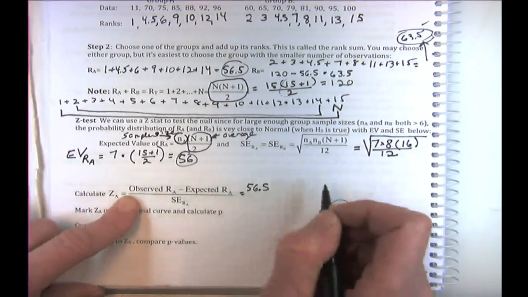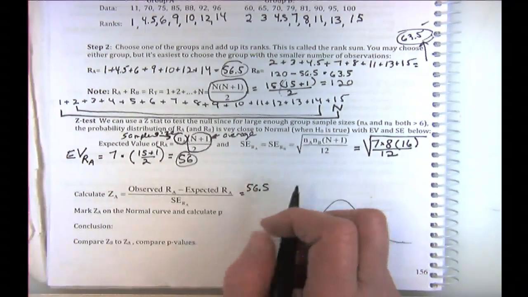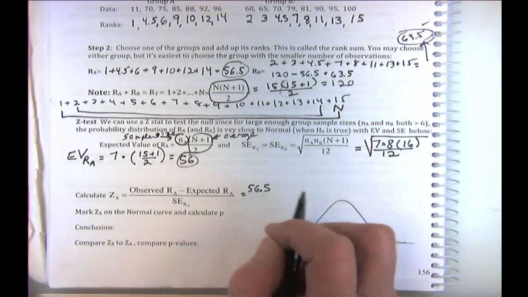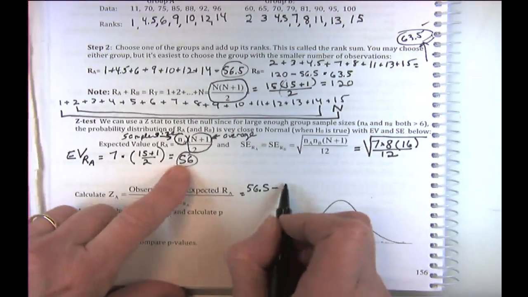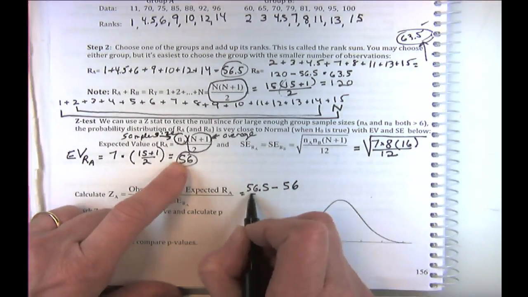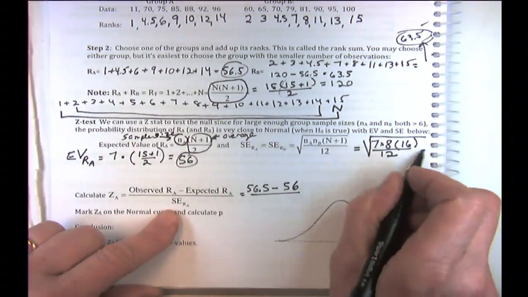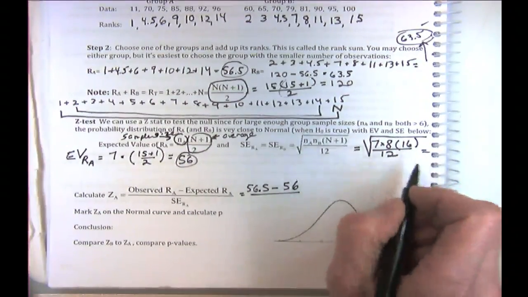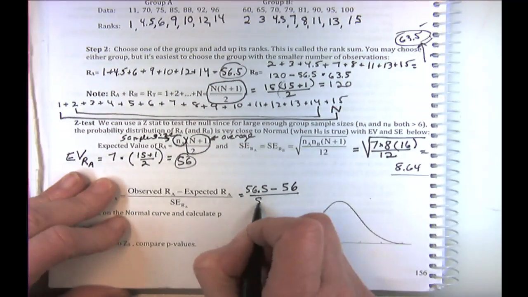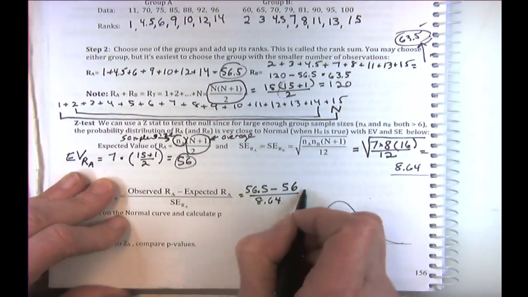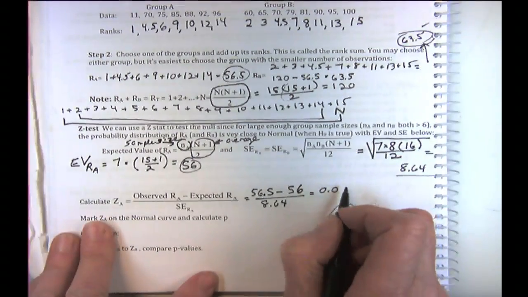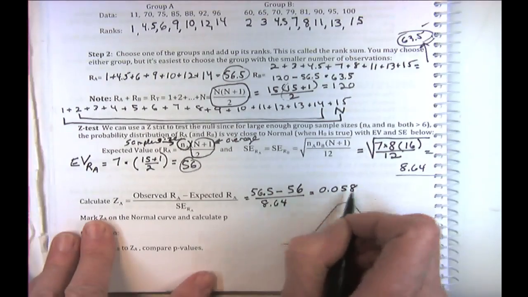If there's no reason anybody should do better on one exam than the other, then we would expect a rank sum of 56 for group A, over a standard error of, whoops, I didn't tell you what that was, 8.64. That's our standard error. And that turns out to be a very, very tiny z-statistic, very close to 0.